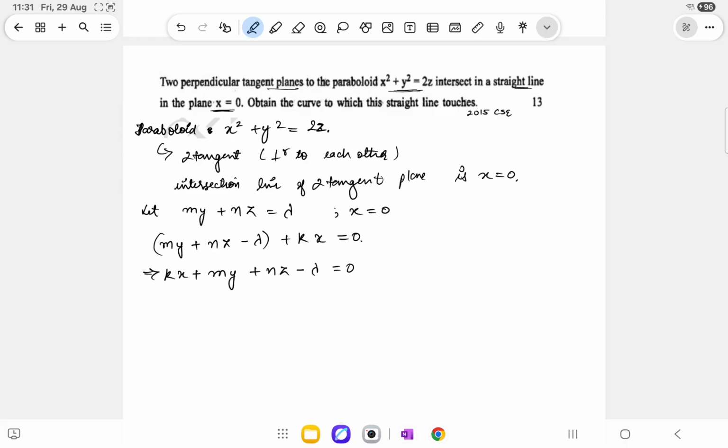The question says we're supposed to find the curve to which this straight line touches.